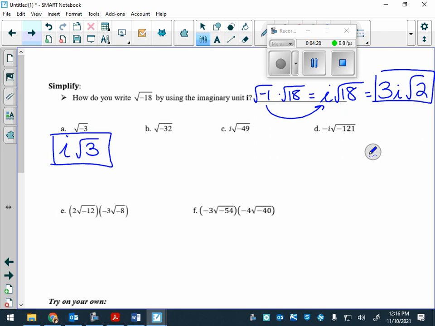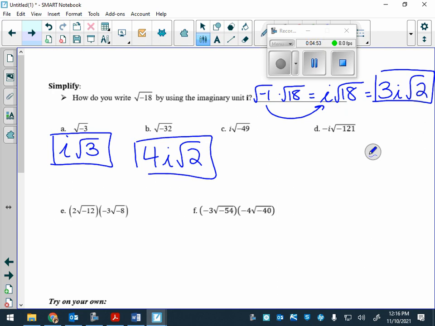Square root of -32. Who's got that answer? Campbell. 4i root 2. How many of you had that?